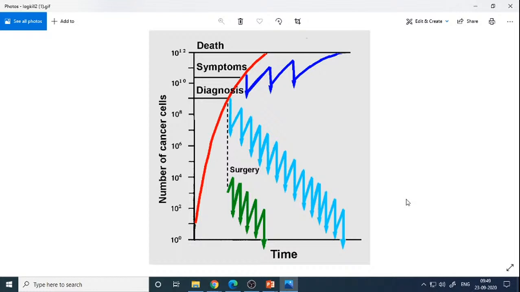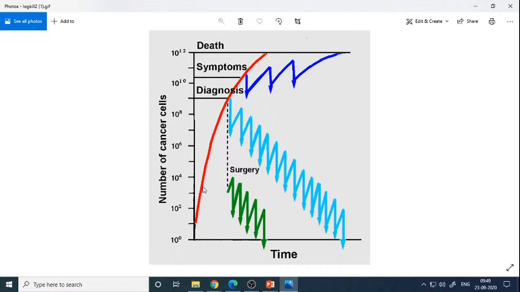So if you see 10 power 0 and a little above that, 10 power 1, 10 power 0 is one cell, but that is very difficult to identify when only one cell is there which is malignant. So you go to 10 power 1, that is about 10 cells, then 10 power 2, about 100 cells.